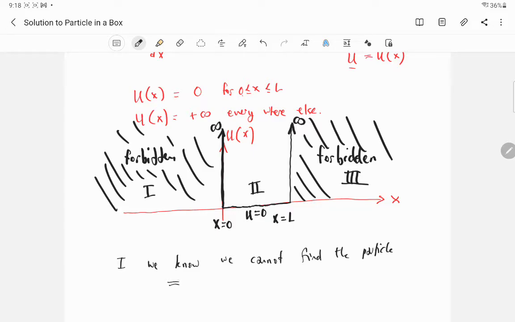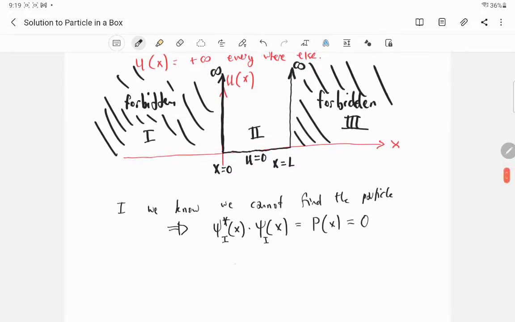What this means, in a probabilistic way of thinking, is that psi from region 1 starred, as a function of x, multiplied by psi from region 1, is the wave function from the forbidden region on the negative side of x equals 0. This is the probability density as a function of x, and it simply has to be 0.